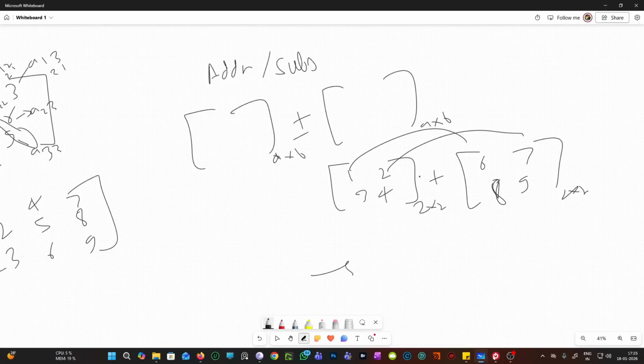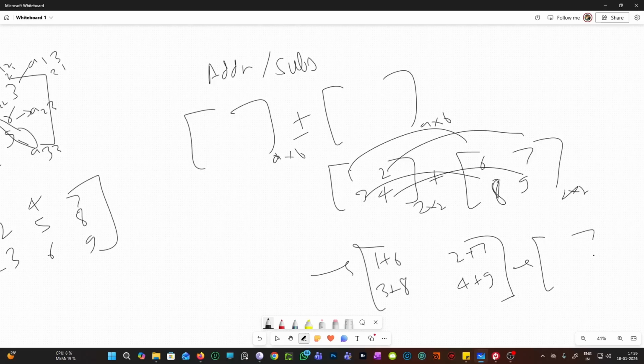So what do we get? 1 plus 6, 2 plus 7, 3 plus 8, and 4 plus 9. We get 7, 9, 11, 13, and this order also will be 2 cross 2. So that's what we get here.